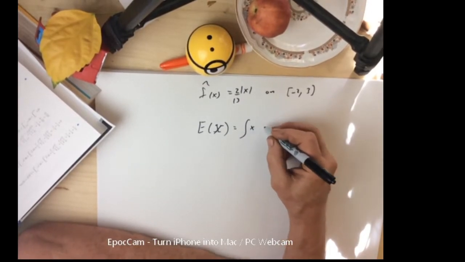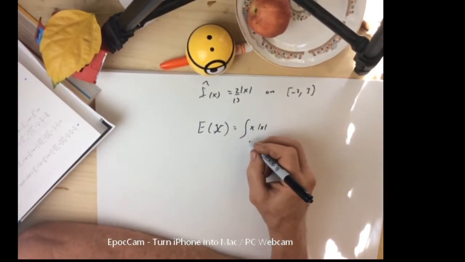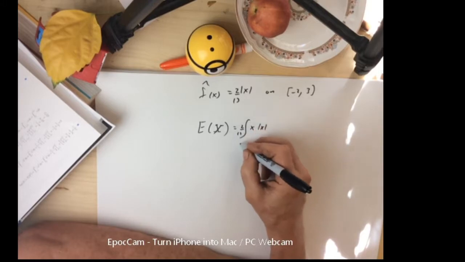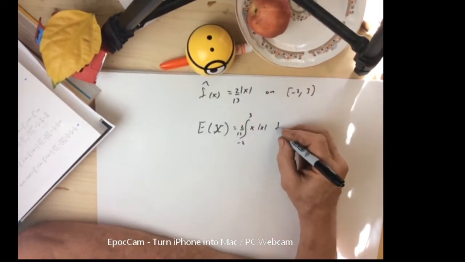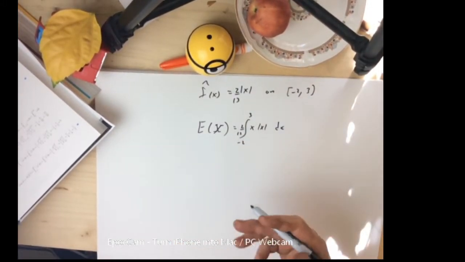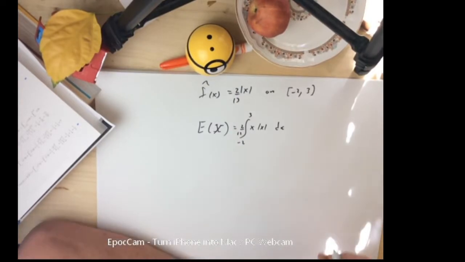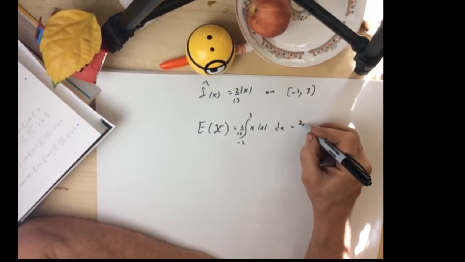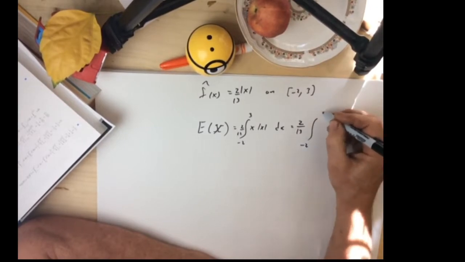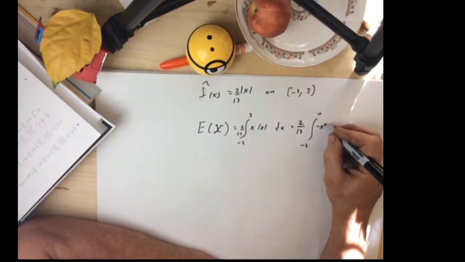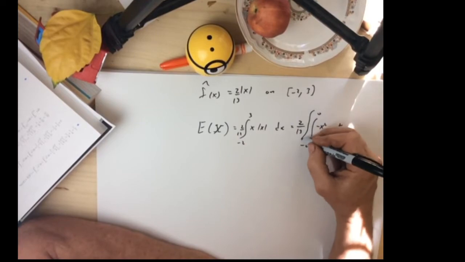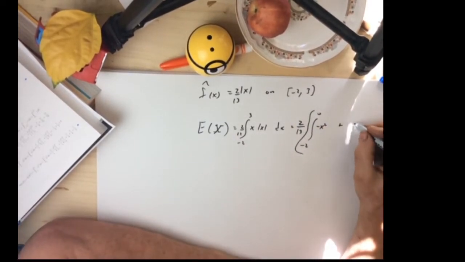That's the integral of x times the absolute value of x on minus 2 to 3 dx. Now, once again, we want to understand how the absolute value of x behaves, so I'm going to break it in two pieces. 2/13, the integral from minus 2 to 0 of minus x squared plus the integral of x squared from 0 to 3.